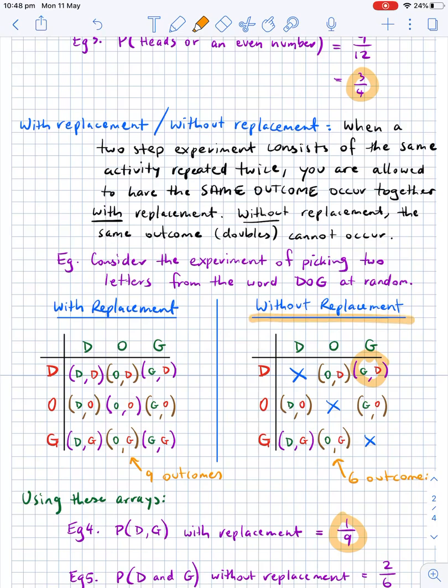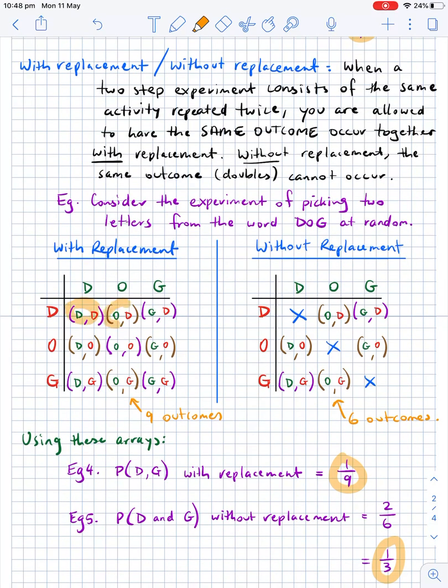But without replacement, if you pick D first, you can't pick it second. So you'll notice this cross here. That means that you can't get D and then D again. That option just does not exist. So instead of putting a bracket here, they put a cross saying that it's not there.